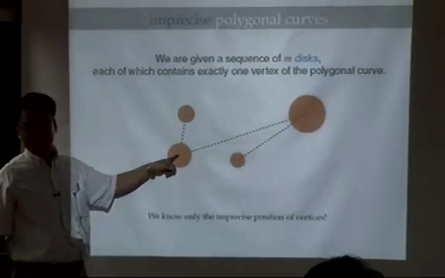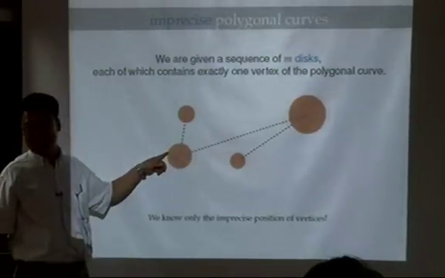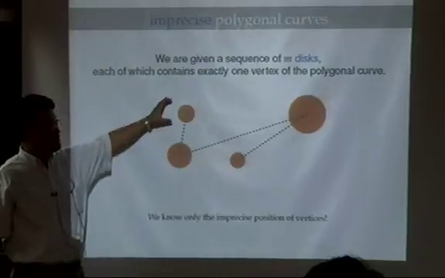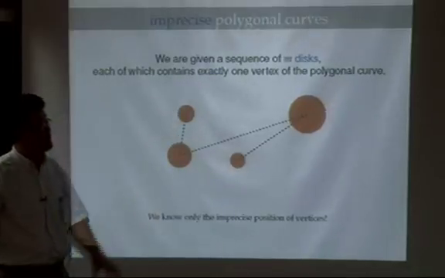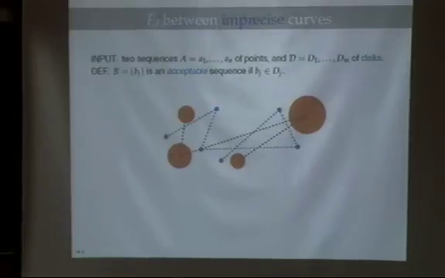At this vertex, the dog is somewhere there, but we don't know where he actually is. So instead of being given a sequence of n points, we are given m disks, and there is exactly one point in each disk, but we don't know where it is, and we need to measure their discrete Fréchet distance.